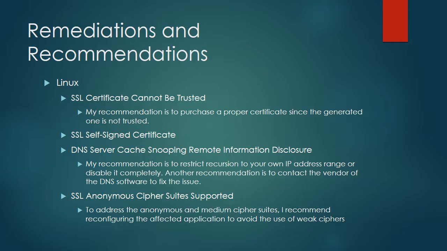And for DNS server cache snooping remote information disclosure, my recommendation is to restrict recursion to your own IP address range or disable it completely. Another recommendation is to contact the vendor of the DNS software to fix the issue. Next we have SSL anonymous cipher suite supported. To address the anonymous and medium cipher suites, I recommend reconfiguring the affected application to avoid the use of weak ciphers.